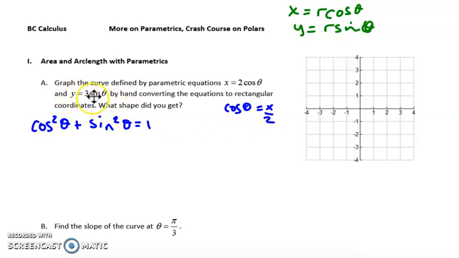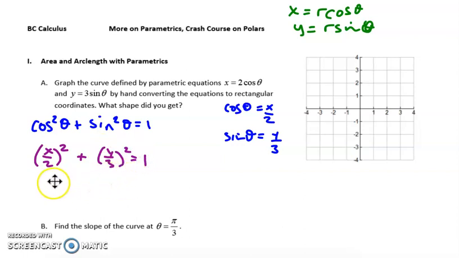And since y equals 3 sine theta, that means that sine theta equals y over 3. So we're going to use this trig identity and plug in our cosine theta and our sine theta. Cosine theta was x over 2, we have to square it. Sine theta was y over 3, we have to square it. And we end up with x squared over 4 plus y squared over 9 equals 1.